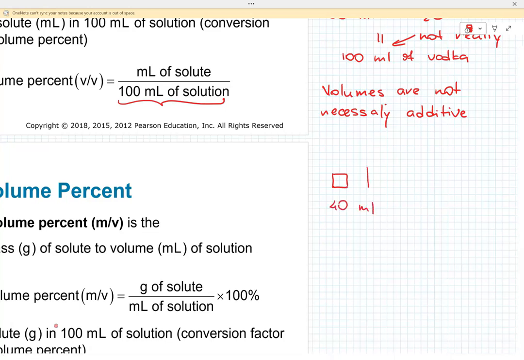40 milliliters, 60 milliliters. Okay? Let me make it a little larger because otherwise I won't be able to modify it. So that's 40 ml. This is ethanol.